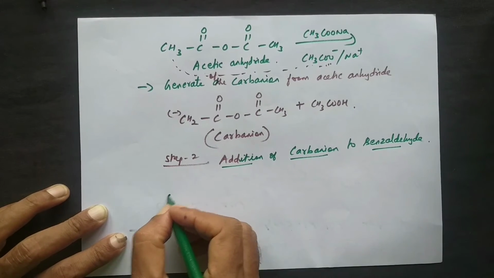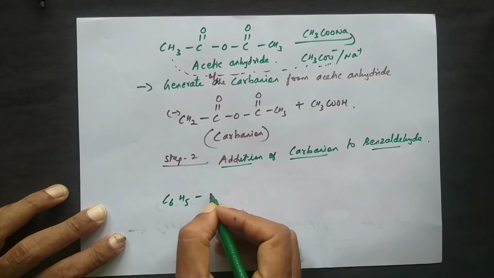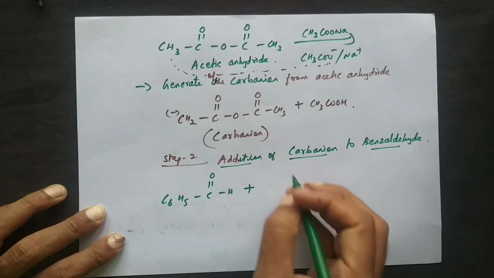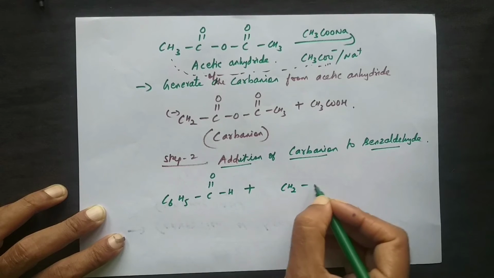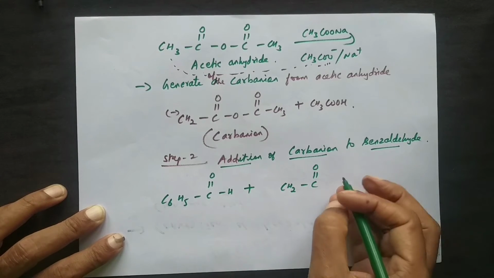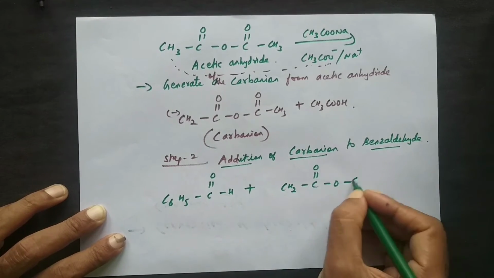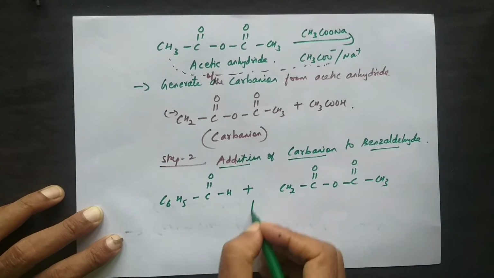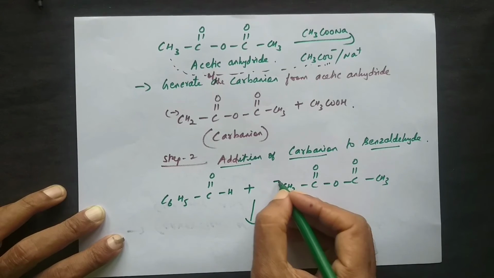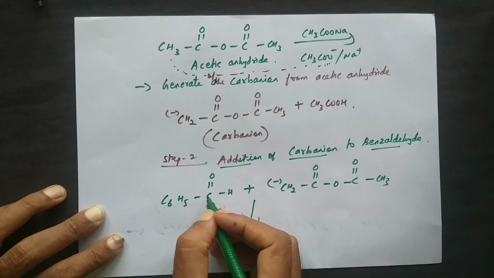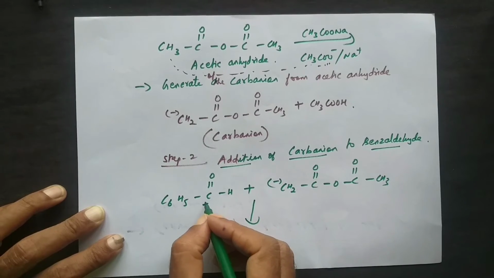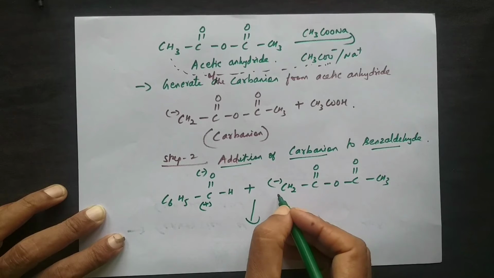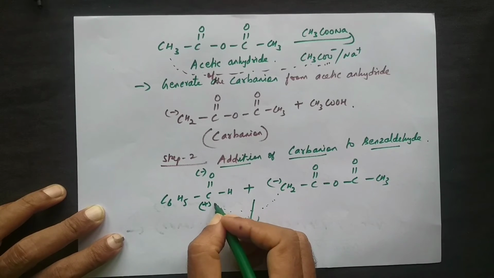Benzaldehyde we know is C6H5, C double bond O and H, and the carbanion end will be CH2, C double bond O, then the oxygen, then the C double bond O, then CH3, with the negative sign. Because of electronegativity, carbon will have the positive sign and oxygen the negative sign. So this will go and attack here.